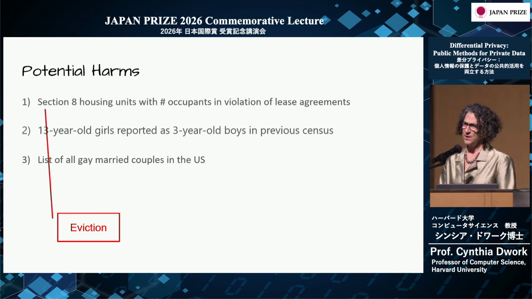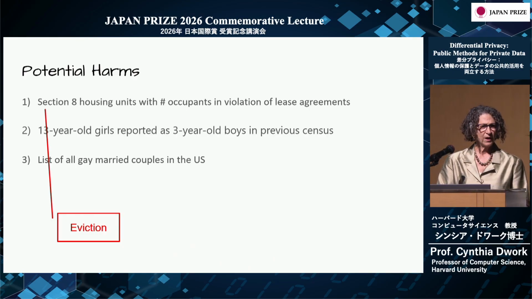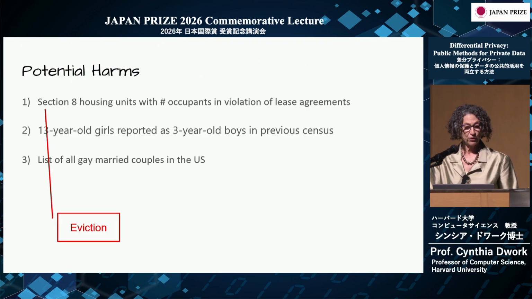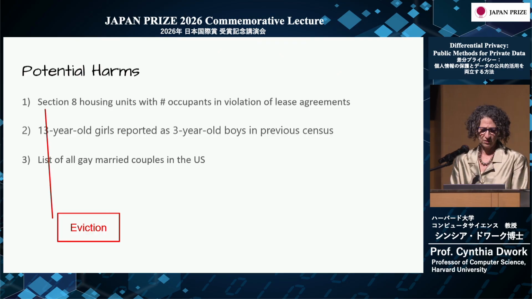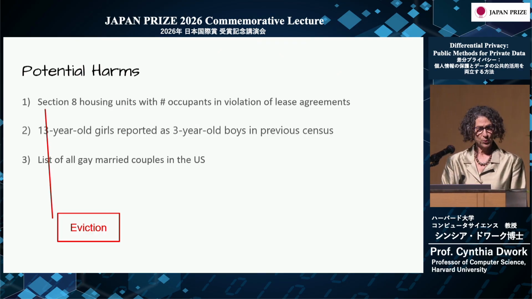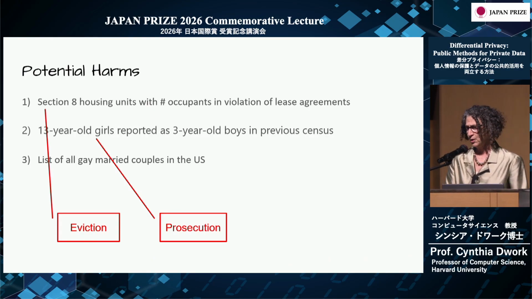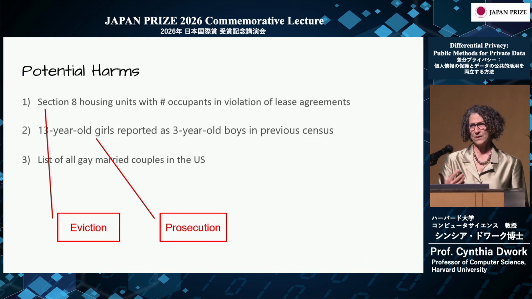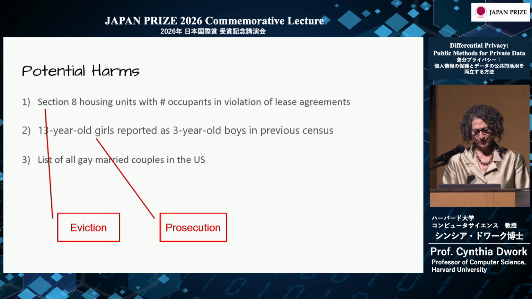Or maybe in the 2020 census, somebody reported a child living in the house as a 13-year-old girl, and in the 2010 census, they reported a 3-year-old boy. In this case, the parents could be prosecuted for supporting the gender self-identity of the child in some states.